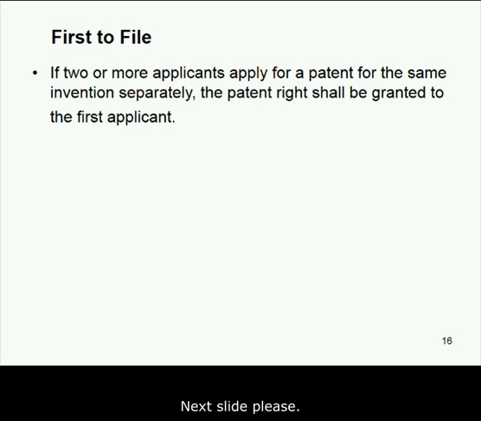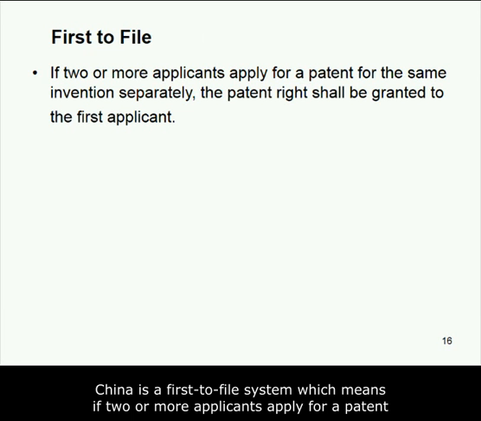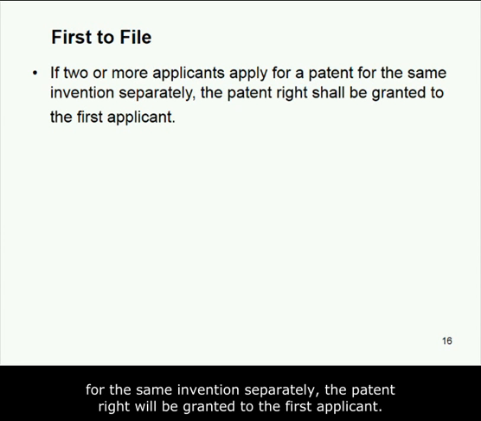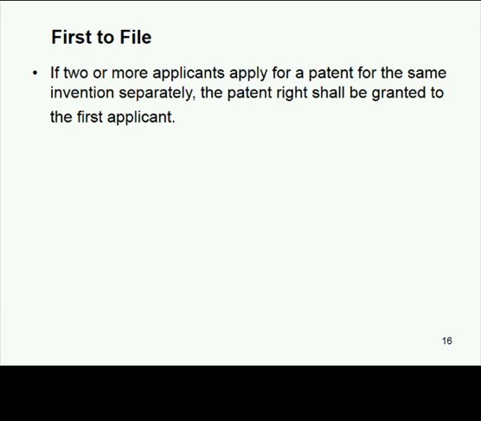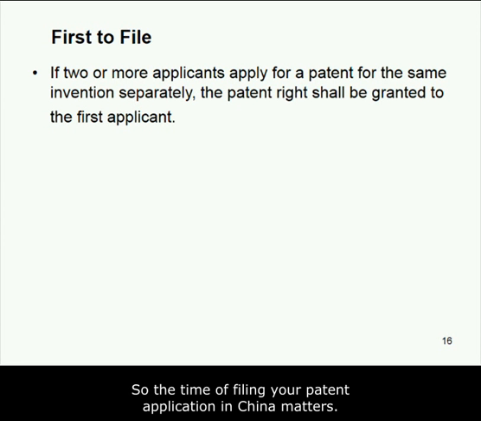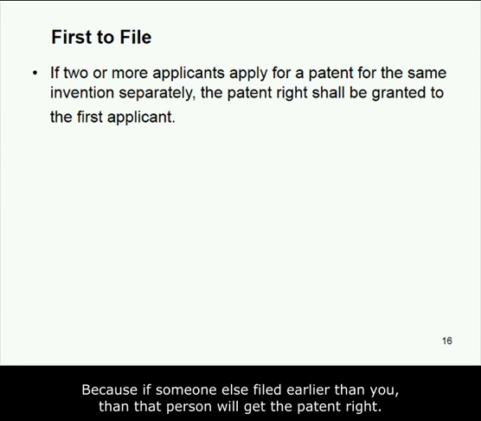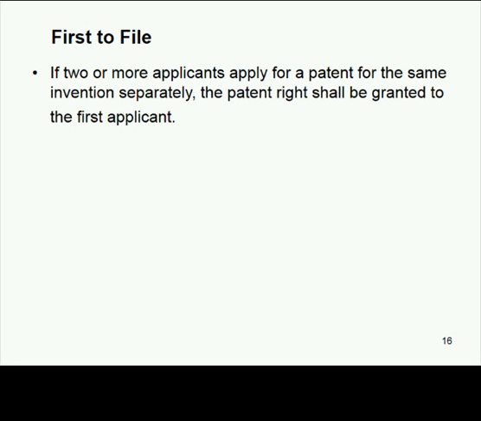Next, please. China is a first-to-file system, which means if two or more applicants apply for a patent for the same invention separately, the patent right will be granted to the first applicant. So the time of filing your patent application in China matters, because if someone else filed earlier than you, then that person will get the patent right.